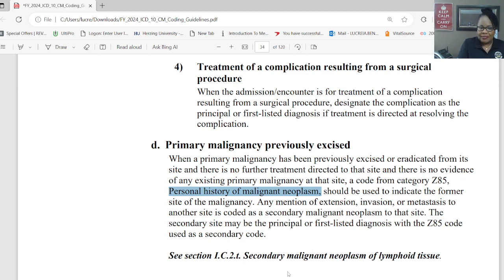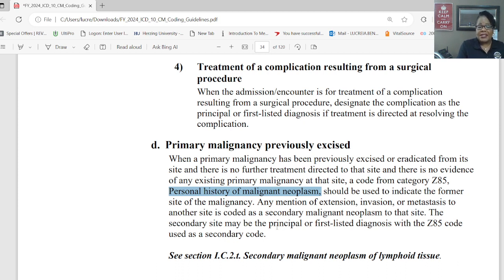It's a history. So any mention of extensions, invasions, or metastases to other sites is coded as a secondary malignant neoplasm to that site.